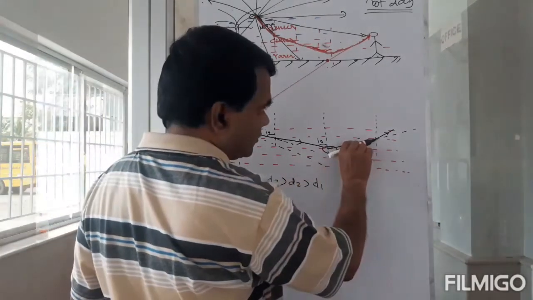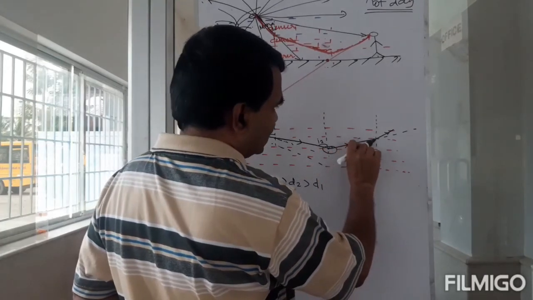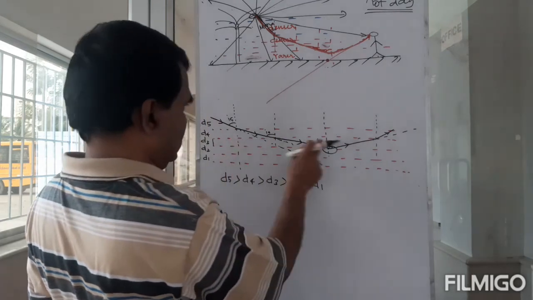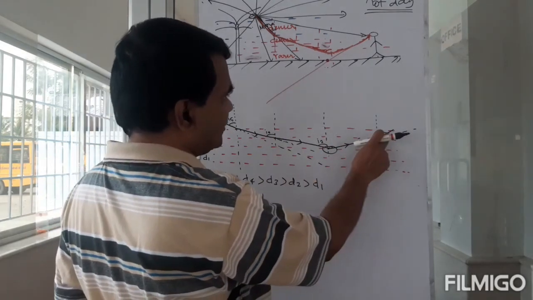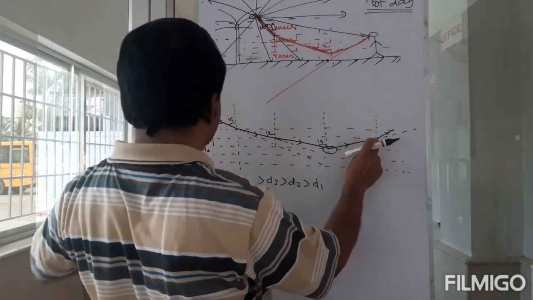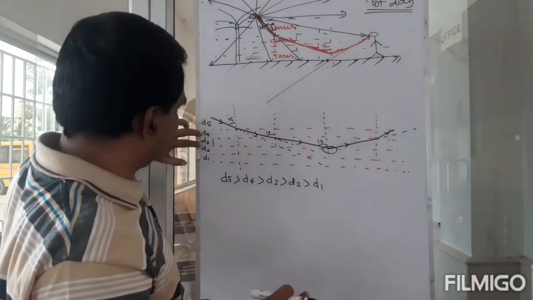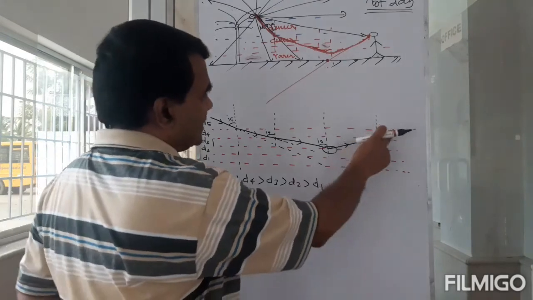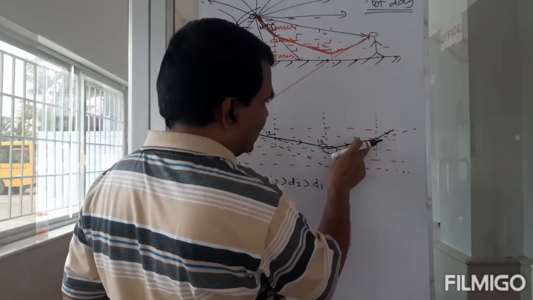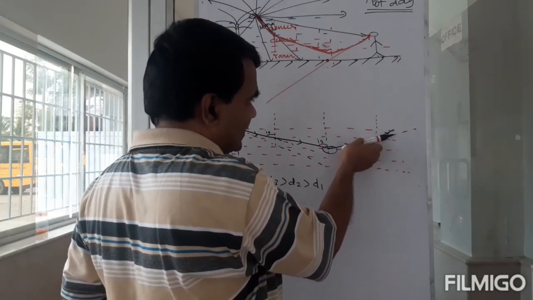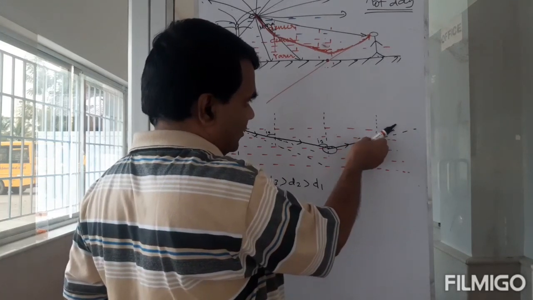Then this will go this way, and you are going from D3 into D4 now. You know that D4 is denser than D3. The greater the number, the denser it is. So it is like going from air to glass or water. So now this ray will bend towards the normal.